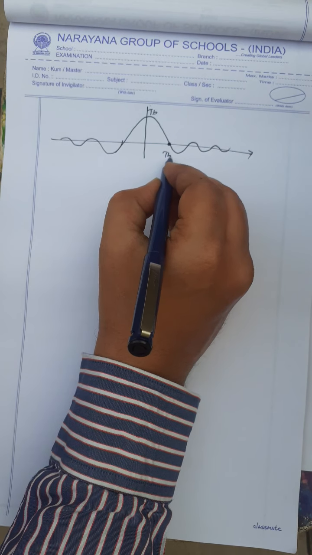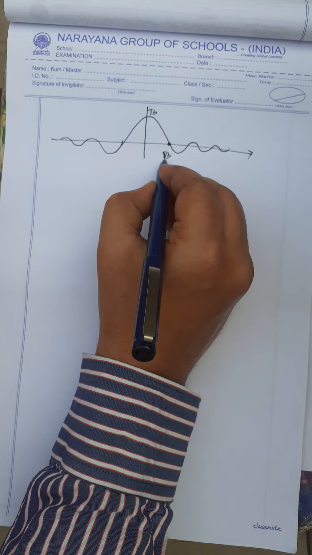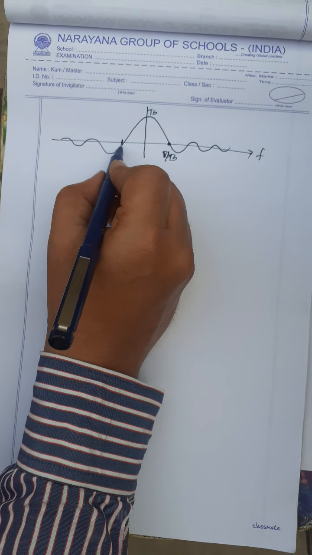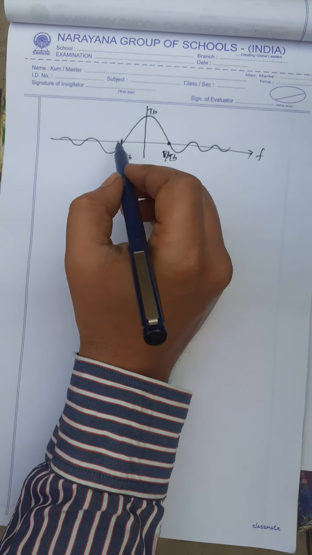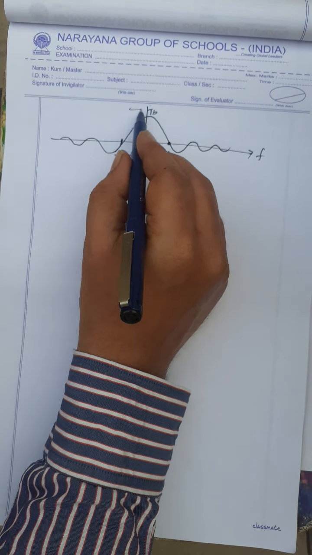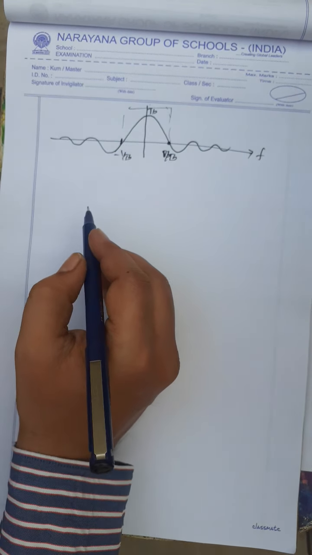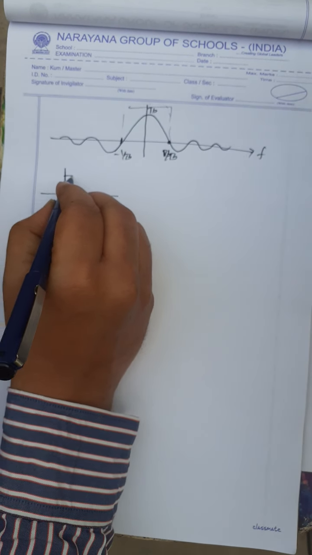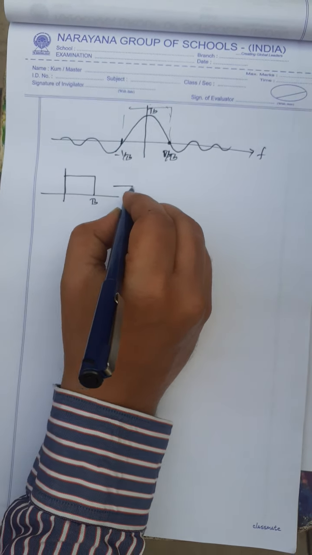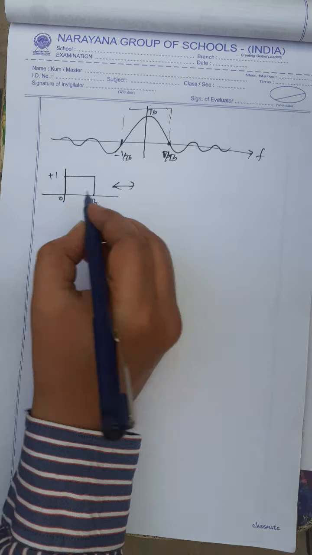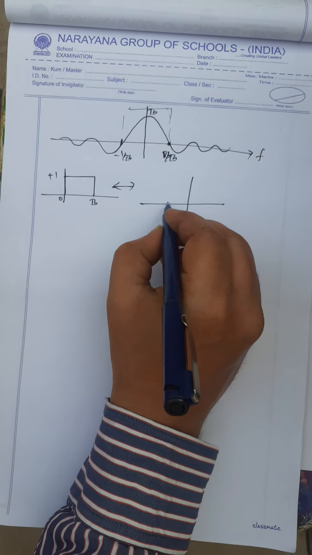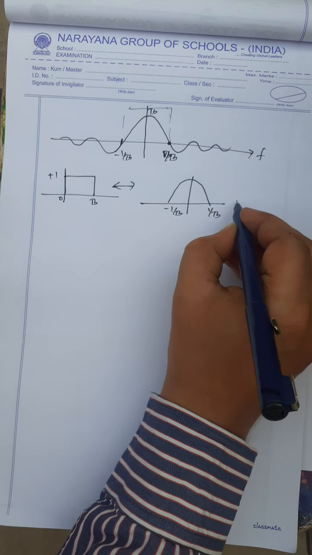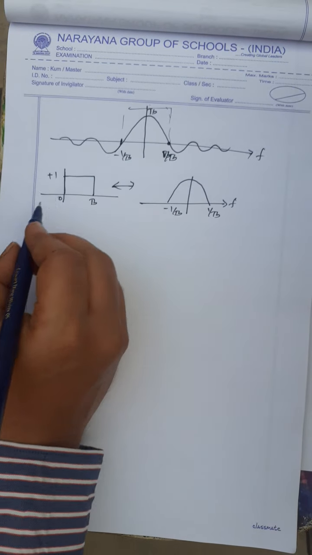This value is 1 by Tb. This is frequency. Why? Because it is a Fourier transform representation. Here minus 1 by Tb. So most of the power is in this major lobe. So simply I am writing here, for a single Tb duration, the Fourier transform is a sinc signal like this one. This is 1 by Tb, minus 1 by Tb, frequency f.